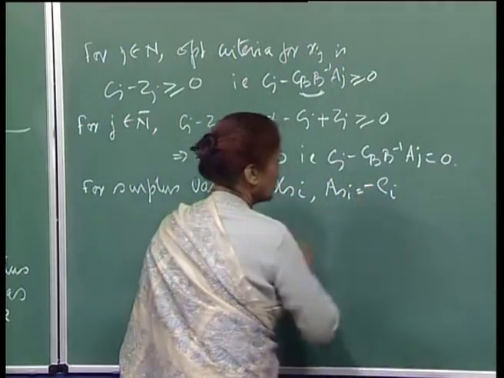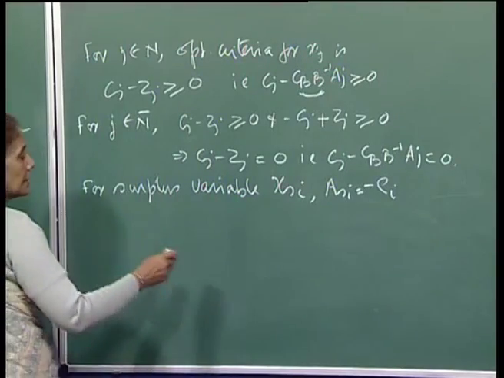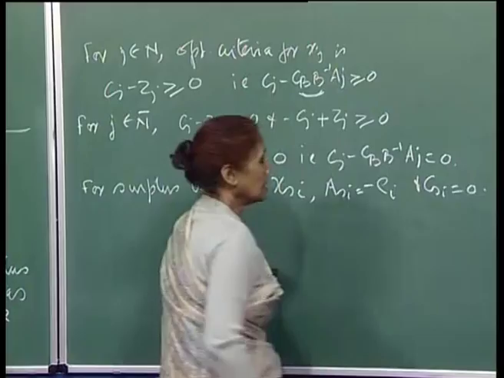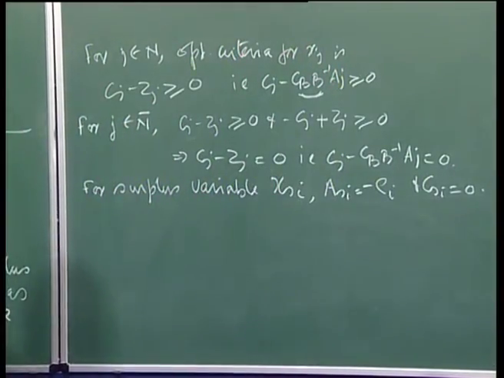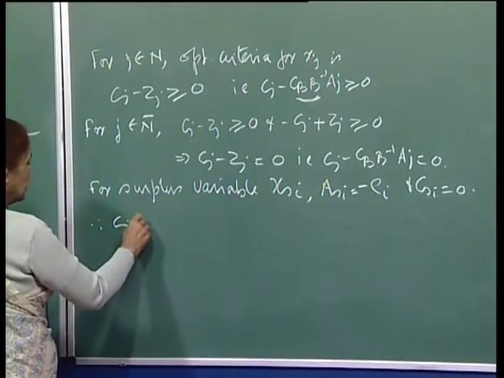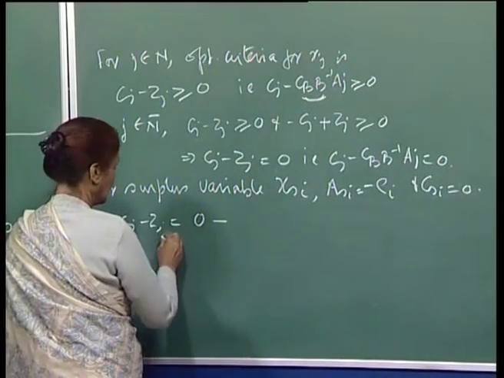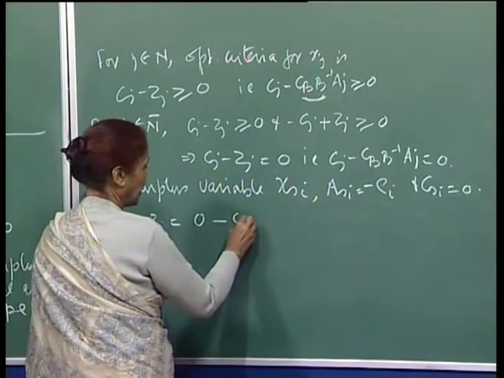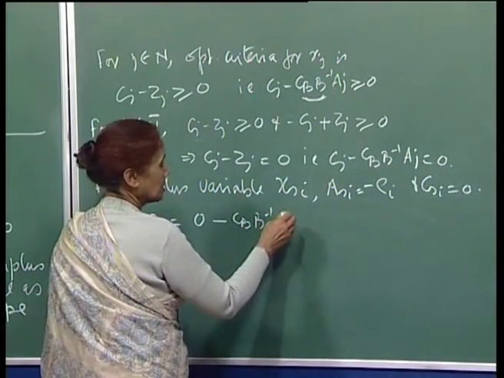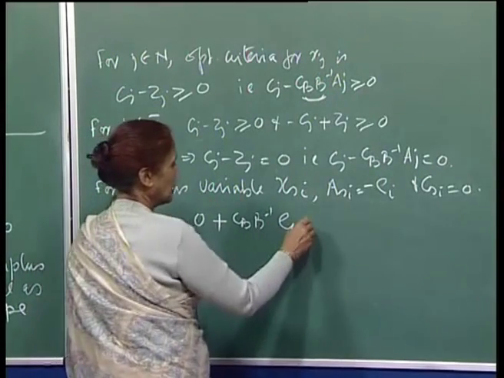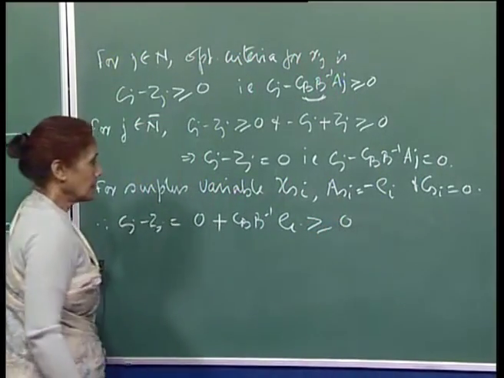And your csi is 0, right, because it is a surplus variable. So, Cj minus Zj is equal to 0 minus Zj, which would be Cb B inverse ei, and this should be greater than or equal to 0.